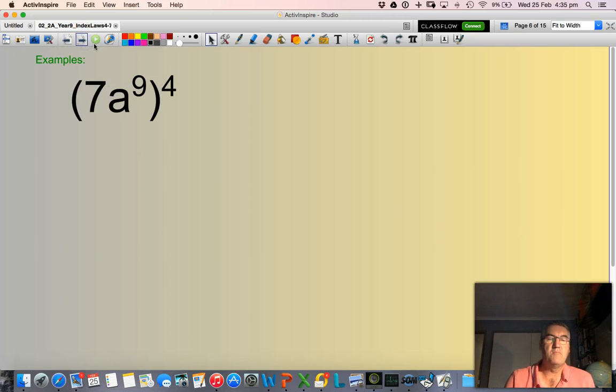Now, we'll just go and do a couple of examples here, and hopefully it'll all come a little bit clearer. So, what if I had (7A to the power of 9), all raised to the power of 4? Now, if I wanted to work this out, let's grab my pen, and I need to just treat each one of these individually. So I have 7 raised to the power of 4. That will just become 7 to the power of 4.